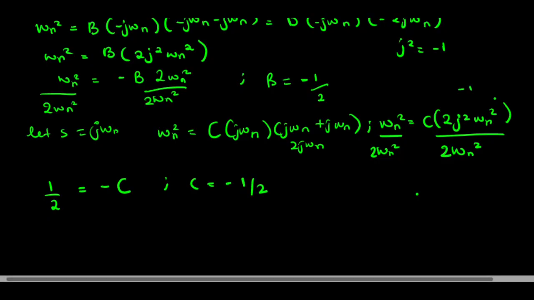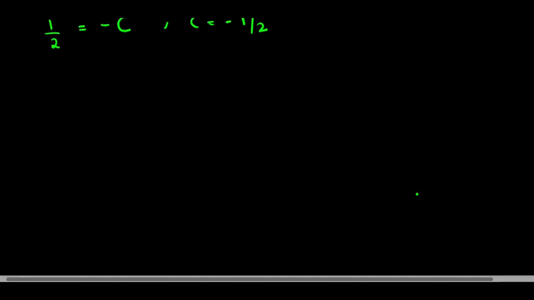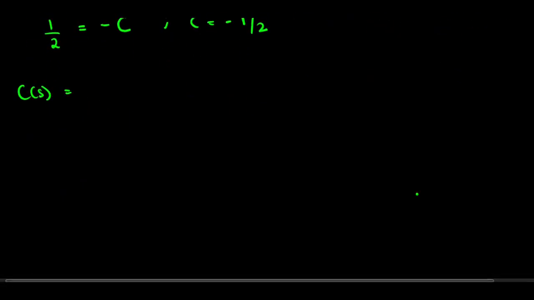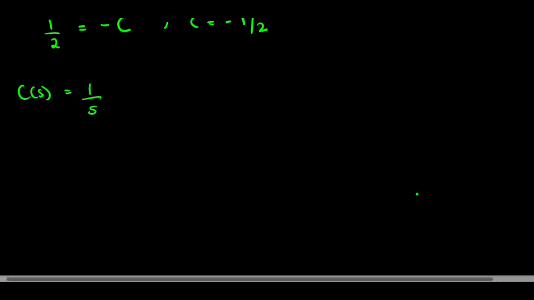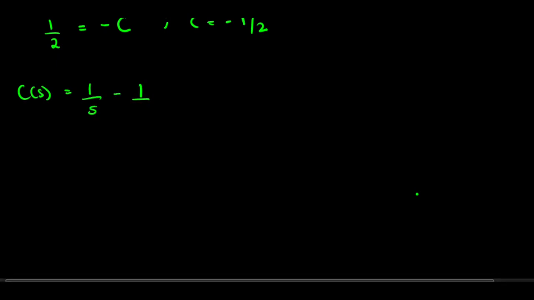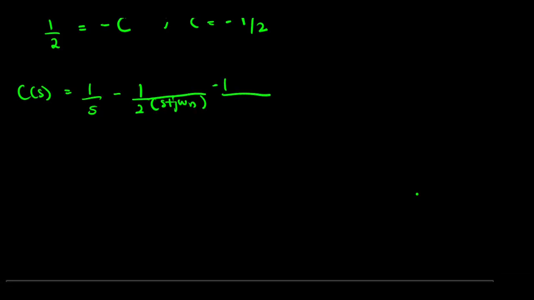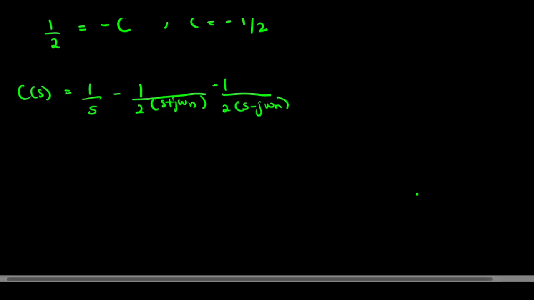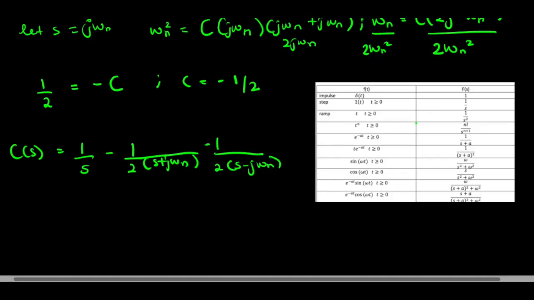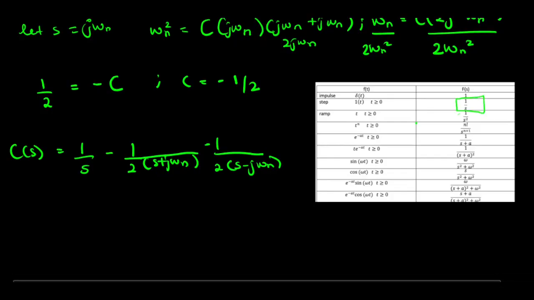So substituting back into the original equation that we had, we're going to have C(s) equal to 1 over s, minus 1 over 2 times 1 over (s plus jωn) for the B part, minus 1 over 2 times 1 over (s minus jωn) for the C part. Now to get the inverse Laplace, we can use the inverse Laplace table here. For 1 over s, you can see that the inverse Laplace is 1.